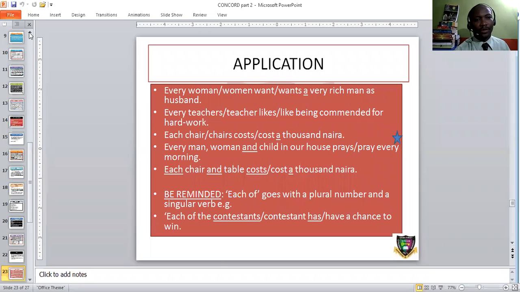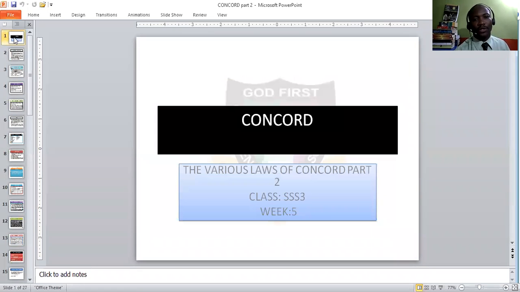Today we are continuing with the concept of Concord, Concord part 2. Part 2 will actually lead us to the other laws of Concord that we will discuss today.